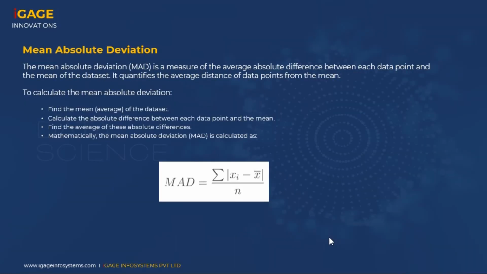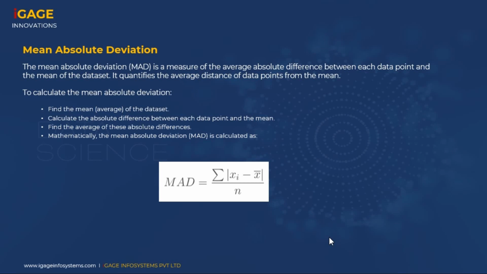Mean absolute deviation is very important. It is one of the important measures of variability in statistics, and it has a number of benefits over other measures. Unlike variance and standard deviation, which are sensitive to extreme values, outliers, the mean absolute deviation is robust to outliers.